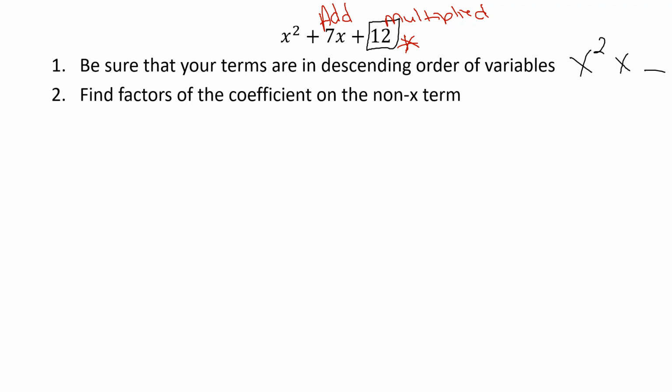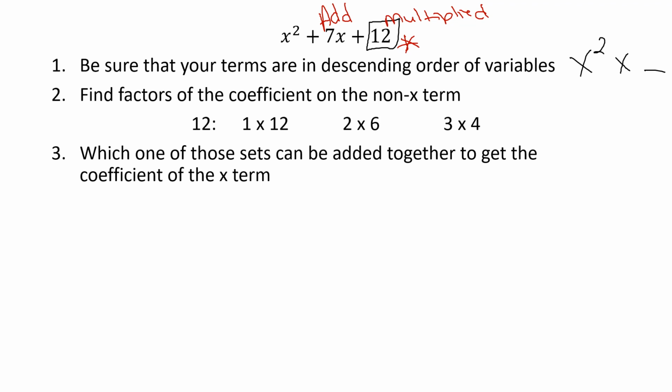So start by finding my factors of my non-x term. In this case, it's a 12. I can multiply 1 times 12, 2 times 6, 3 times 4. My third step then is to look at those sets and find which one, when added together, will get me to the x term, to the 7 in this case.